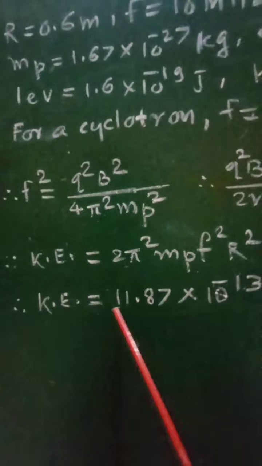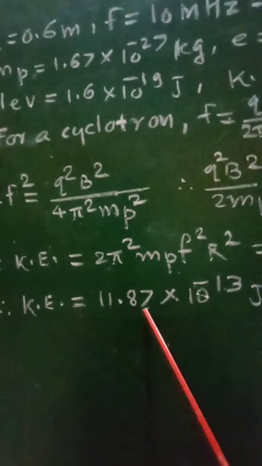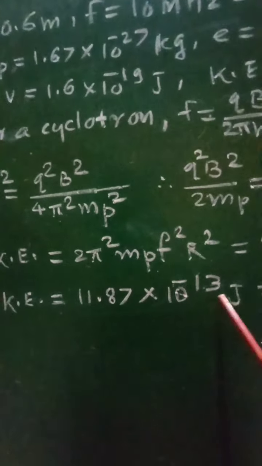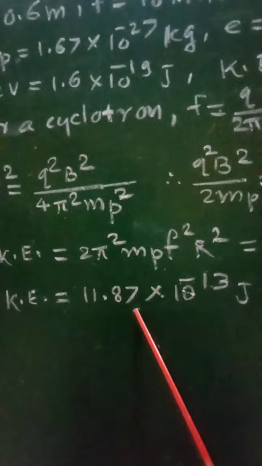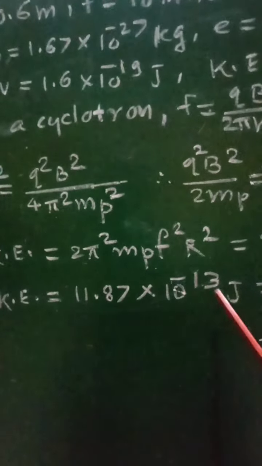Then calculating this, we will get kinetic energy equal to 11.87 into 10 raised to minus 13 joule.